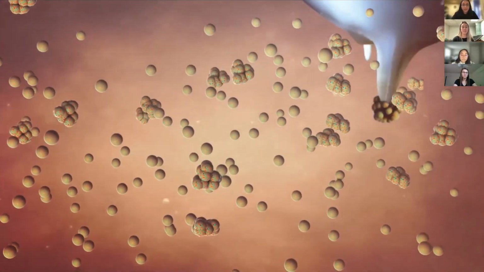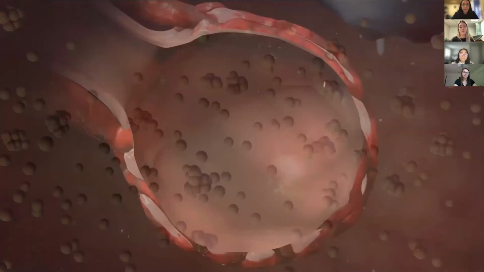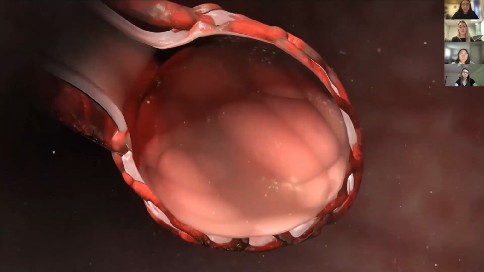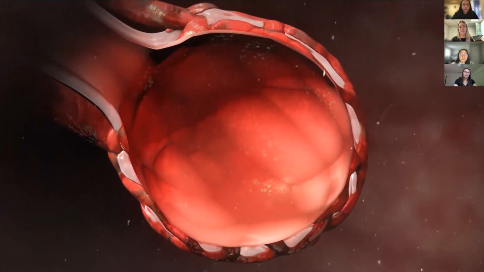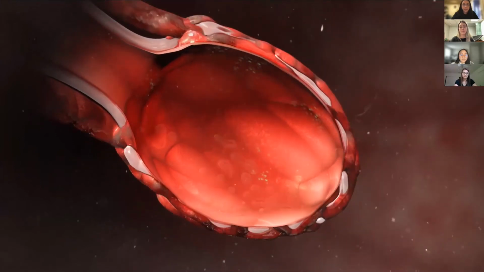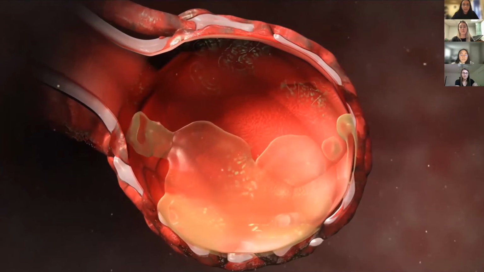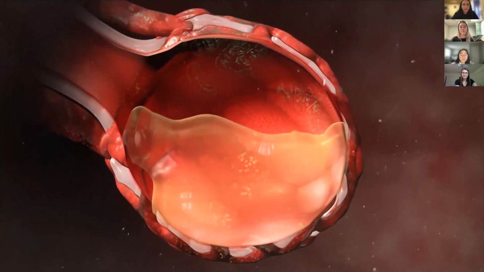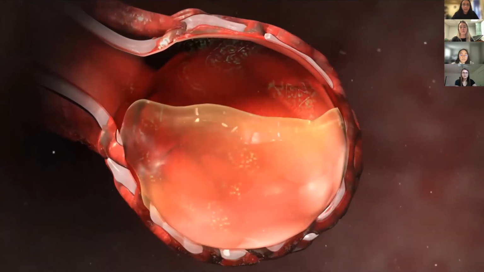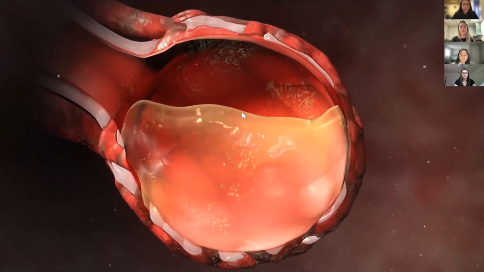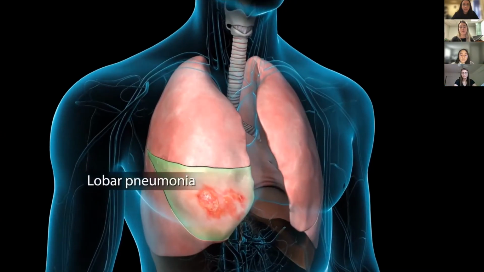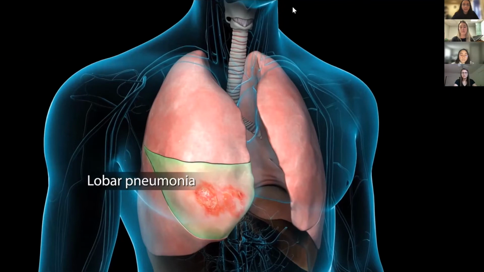Once they start multiplying, the alveoli also produce exudate, and they get inflamed, and this causes fluid to accumulate in the alveolar space, and it causes deficient gas exchange, and it can also cause inadequate ventilation of the lungs.